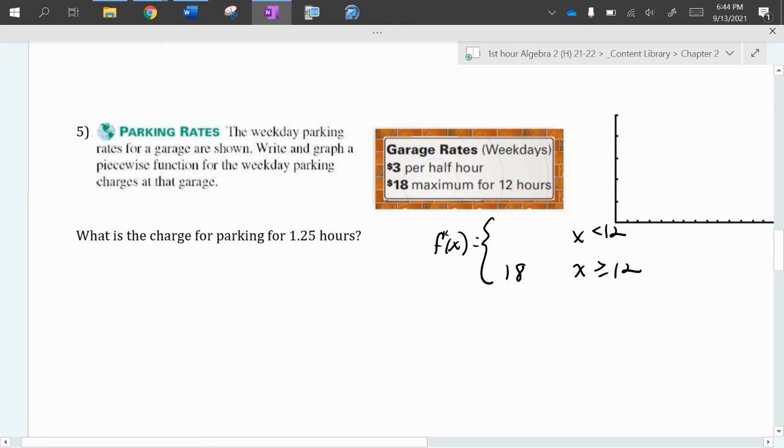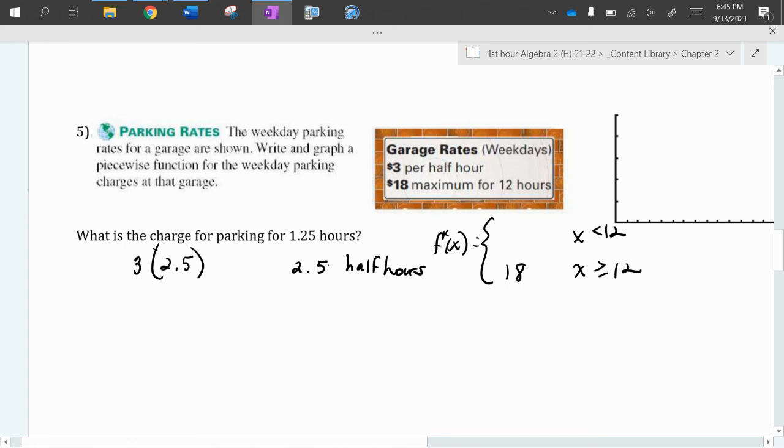The tricky part would be to figure out this function, $3 per half hour. It's not going to be $3 times x. It's going to be $3 times, let's see, $3 per half hour. So we have to figure out how many half hours there are. There are two half hours in an hour, and then a half of a half hour. So we've got 2.5 half hours. So it's $3 for every half hour.